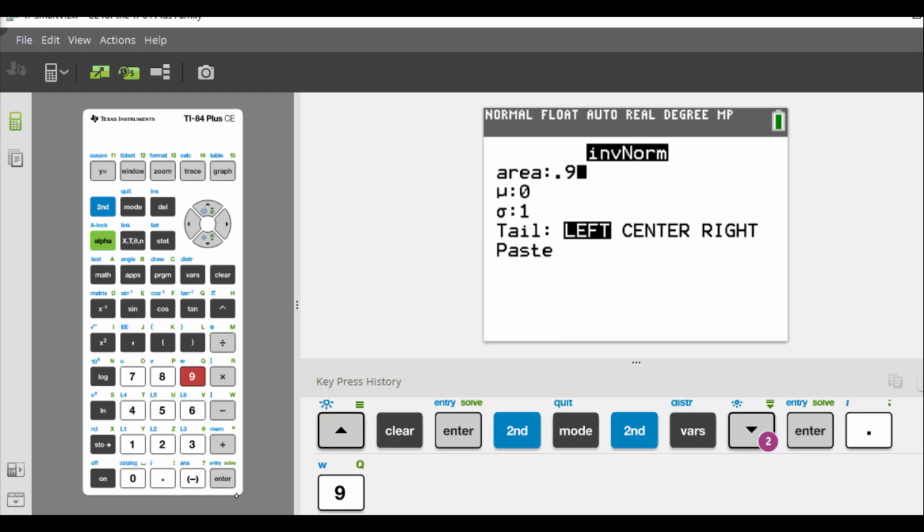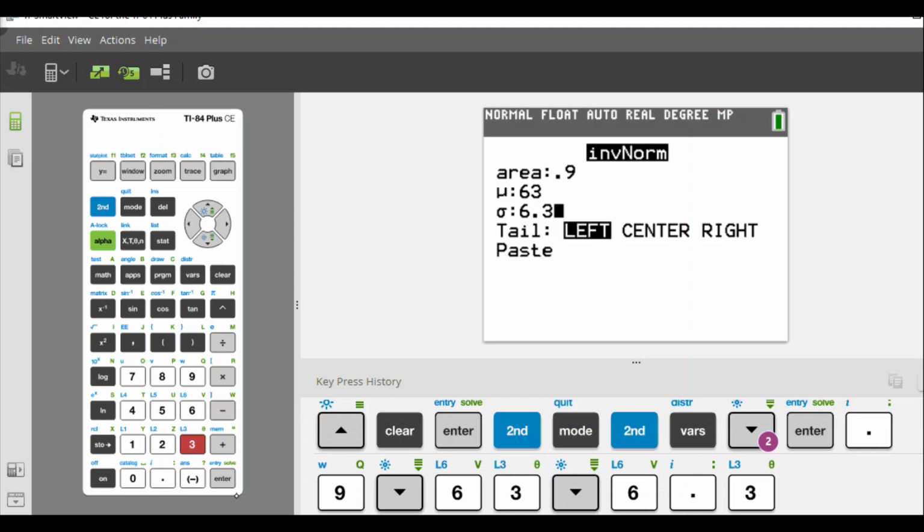Our mean is that little symbol there, mu, which is the same thing as our mean, 43. And the little symbol that's the letter sigma is our standard deviation, which we know as 6.3.